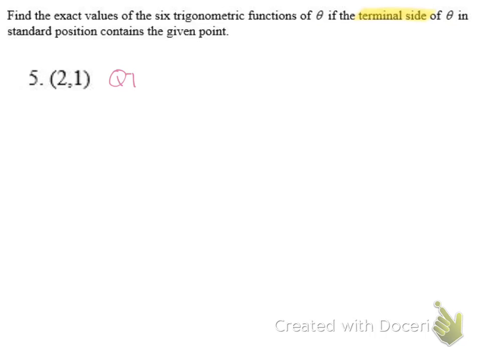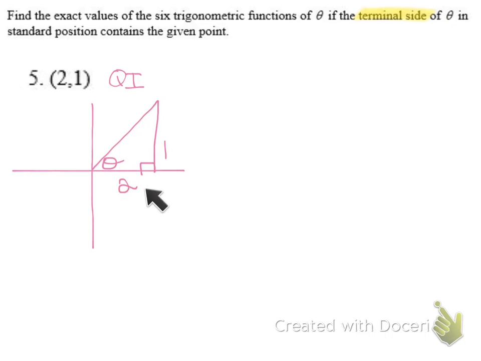2, 1 is in quadrant 1, so we're going to want to start by drawing the coordinate plane and drawing a triangle in quadrant 1. The angle, the theta, always is made with the horizontal, so it's always in the corner by the origin. Now we can next label our sides. We know that the point 2, 1 is right here, so we go 2 units to the right and 1 unit up.